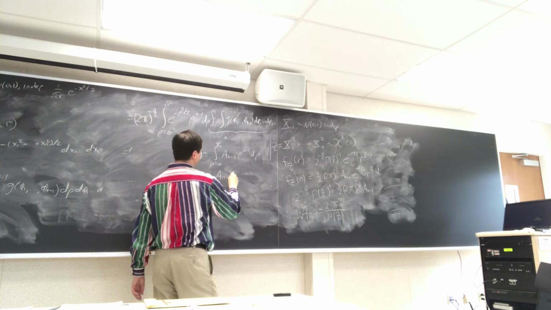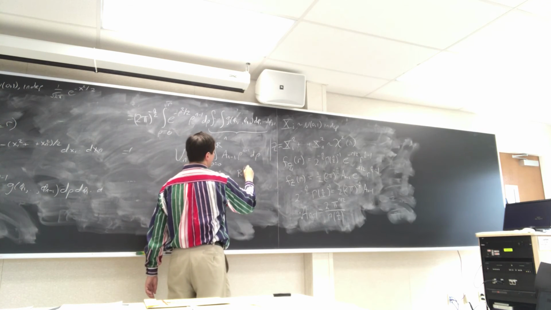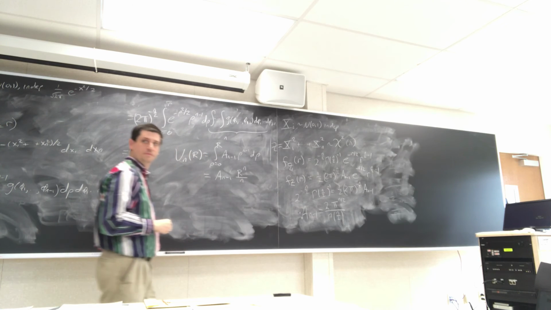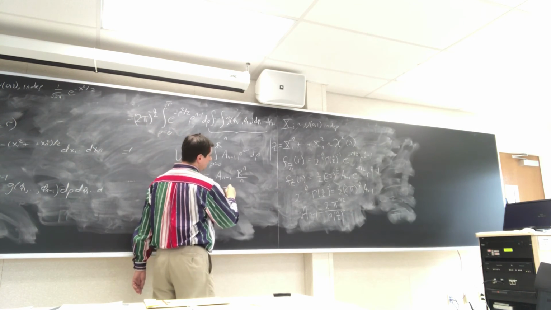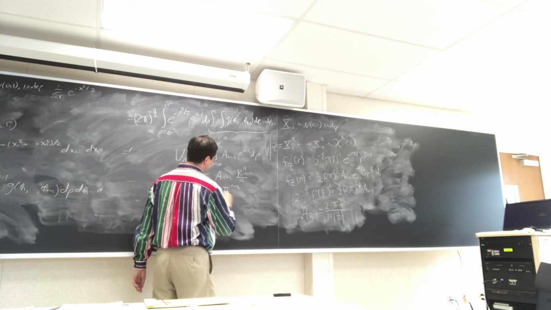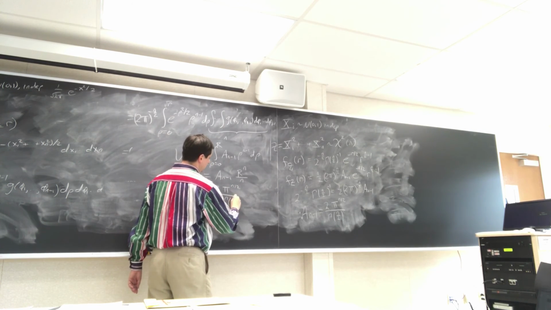So you get a n minus 1 r to the n over n. When I put in what things are equal to, I will get 2 pi to the n halves over n gamma of n halves.